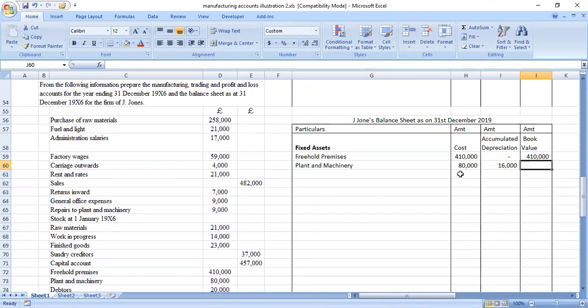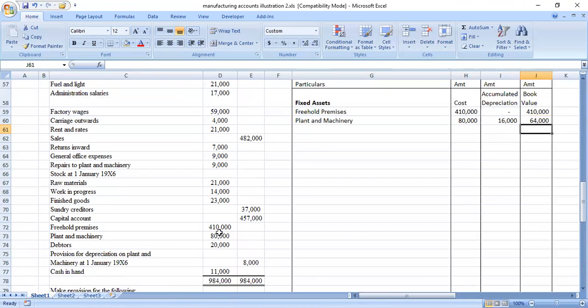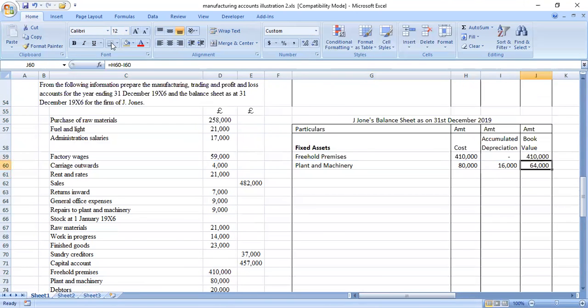So then, the book value of plant and machinery shall be 80,000 minus 16,000, which is 64,000. Those are the only fixed assets. I don't see any other. So we add them. In total, tunapata ngapi? Total of fixed assets is 410 plus 64, that is 474,000 shillings. Then we add current assets.